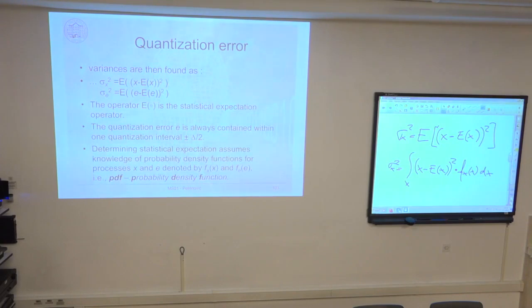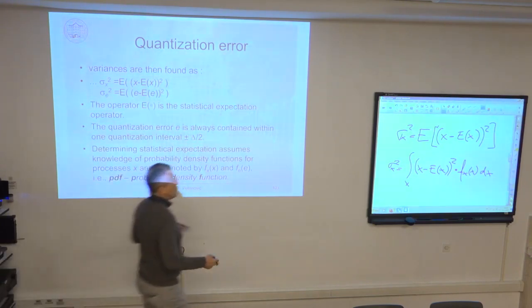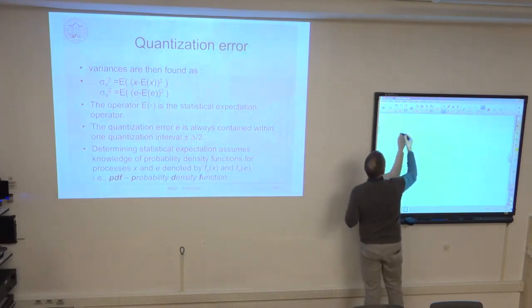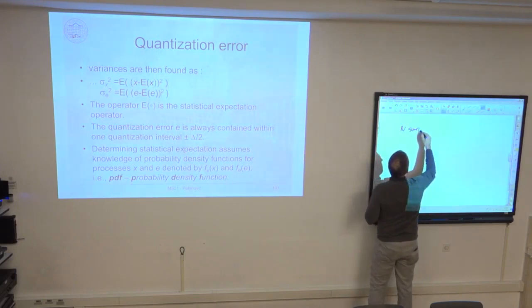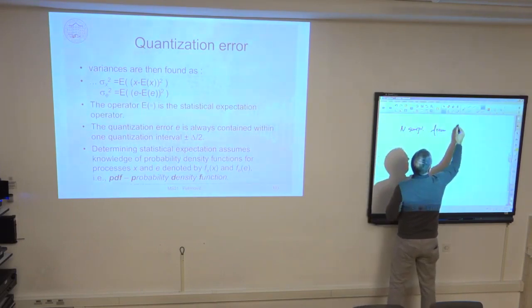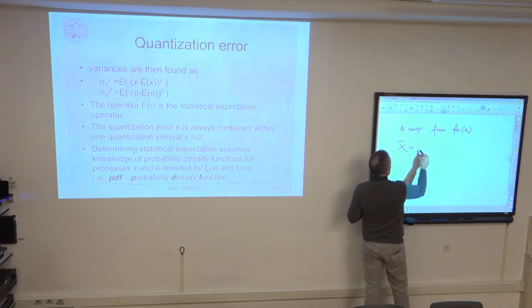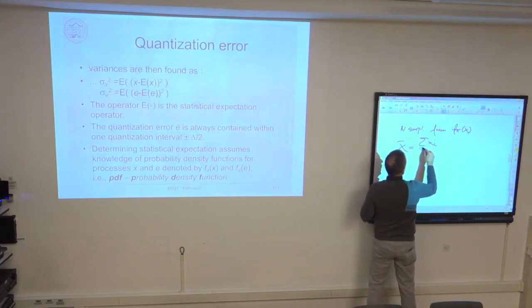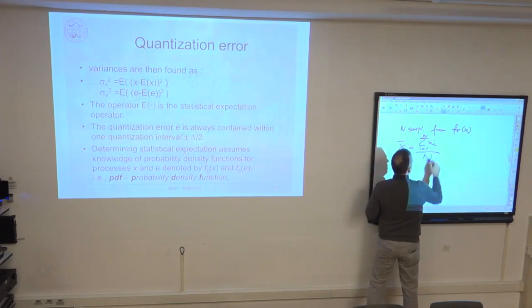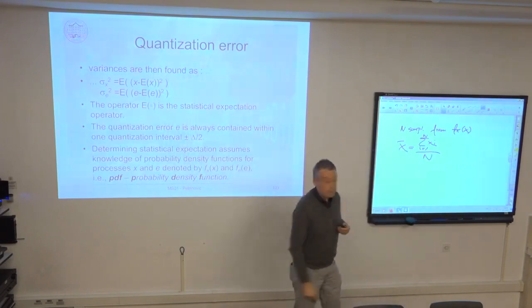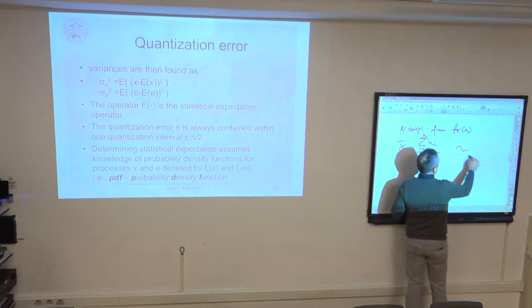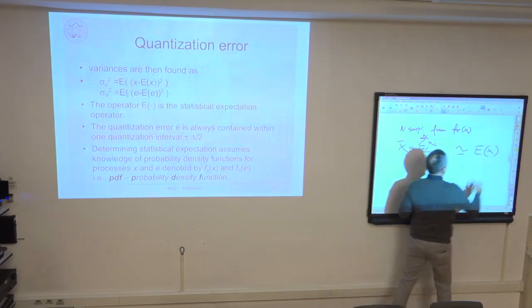And if I want to approximate this with sample mean and sample standard deviation, then instead of the expectation, I will use the sample mean. So I have only n samples from f_x of x, and I have this sample mean x dash, that is simply the sum of x_i, i from 1 to n, over n, the average value, and this is an approximation to the expected value of x.